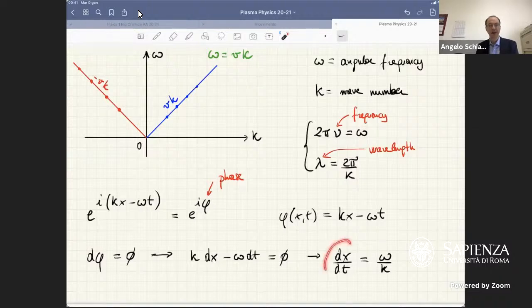You see, this is a velocity, and this velocity is called the phase velocity. We call it v phase. So this is the speed at which a constant phase argument is moving in x and t.